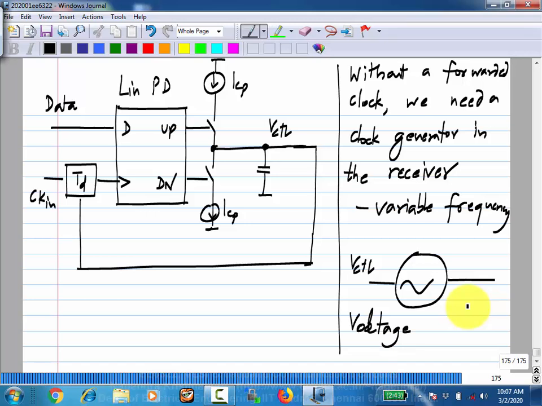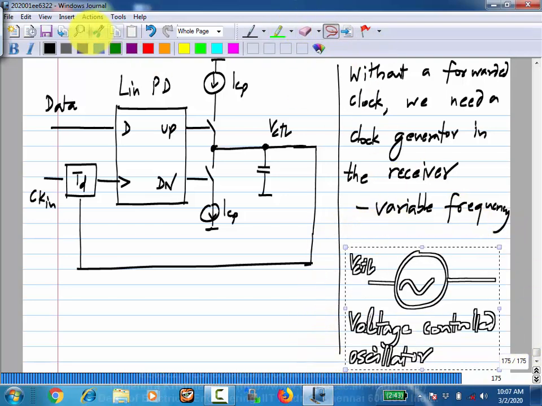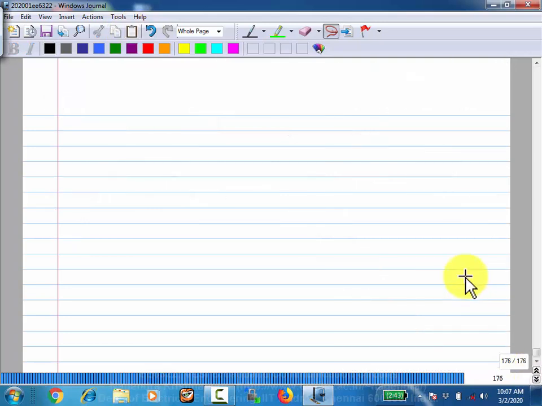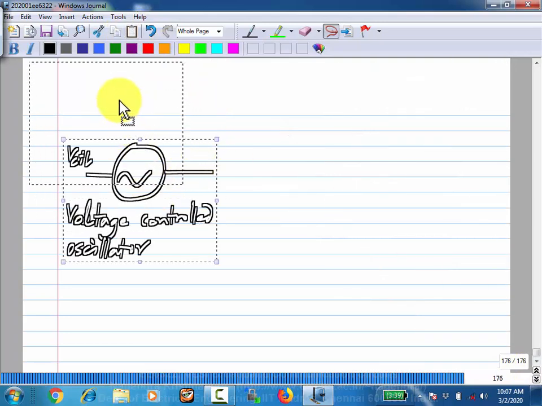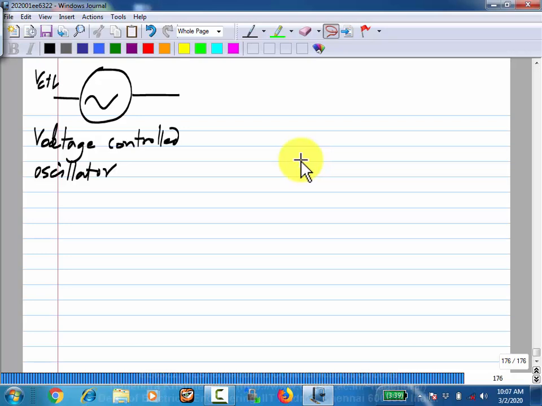It could be current controlled or voltage controlled, but it's common to say VCO regardless of the actual implementation. Okay. What is the output of VCO?